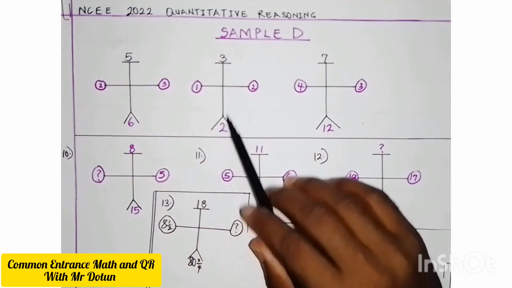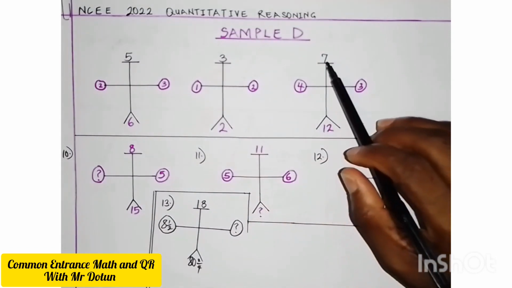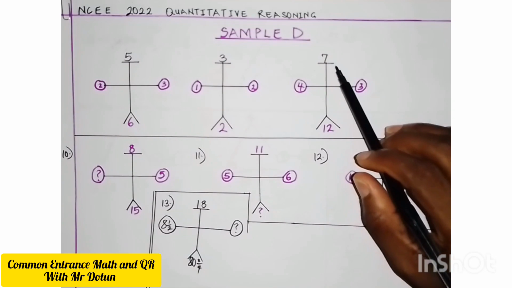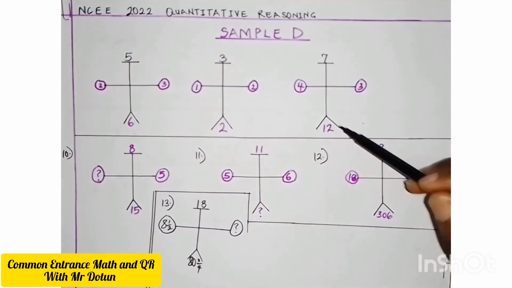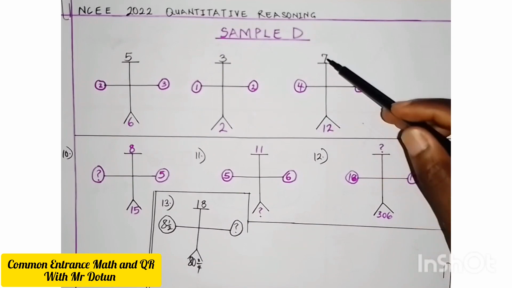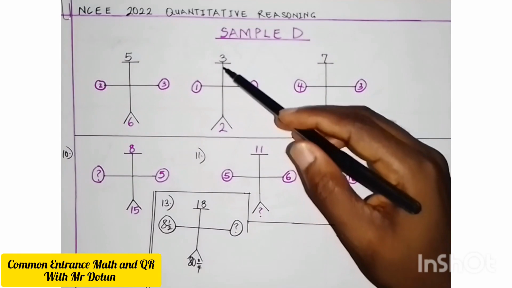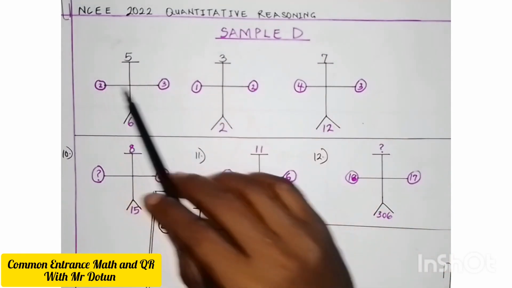Can you see that? So you take note of that. At times they can work as a good hint to what you're to do in your work. Because this part of the shape is different from this. This part is different from this. This part is different from this. And these two are the same.